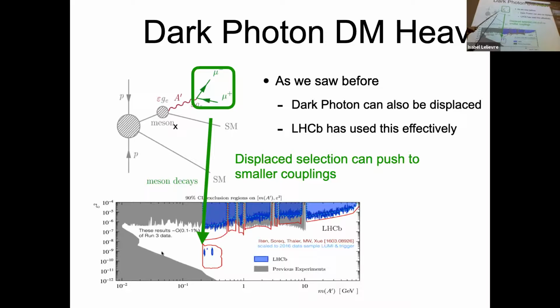So these muon decays will be displaced from wherever it was produced, say in a meson decay. In fact, the displaced search has already been done once at LHCb, and these blue dots are the displaced search. The future displaced bounds will give you this box. And again, this is the mediator epsilon squared plot.